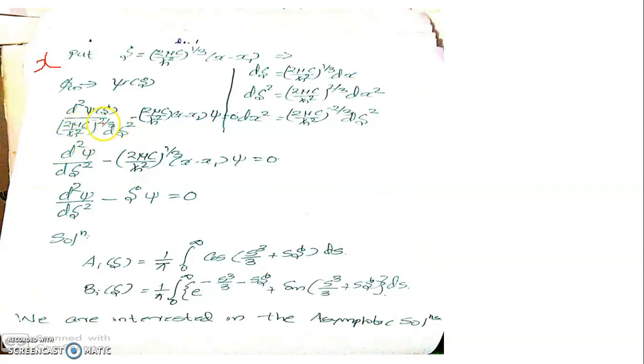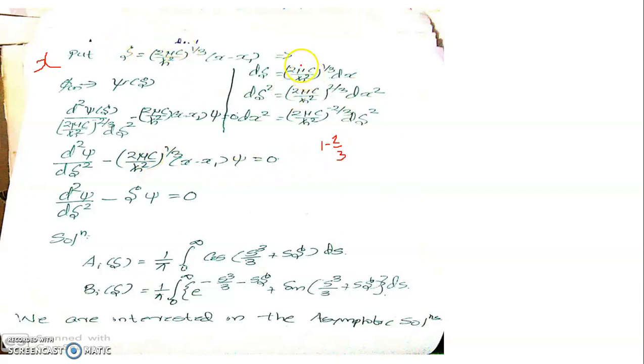so that this denominator goes away, and we will have this in the format d square psi of zeta by d zeta square. Minus is already there. Once this is multiplied, (2 mu c by h cross square) raised to 1 into (2 mu c by h cross square) raised to minus 2 by 3 makes the power 1 minus 2 by 3, which is 1 by 3.